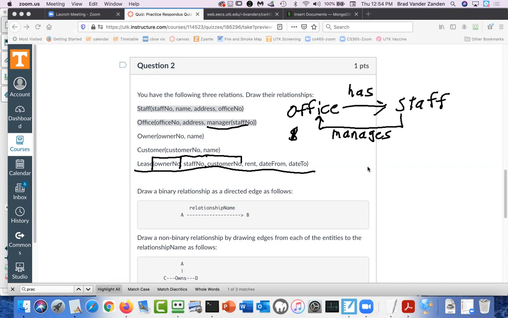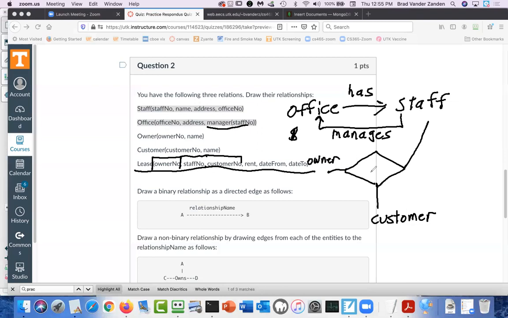So this was meant to be a three-way relationship between staff, I'm sorry, staff shouldn't be in there. Customer and owner.